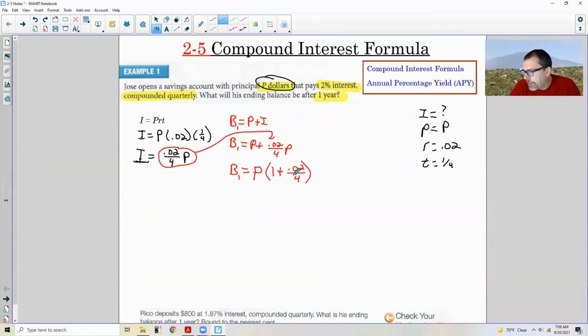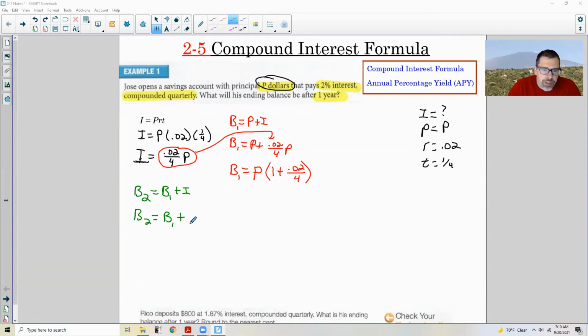Okay, so now what I want to do is find B2. I'll do this over here. So B sub 2 is going to equal B sub 1's principal plus interest. Okay, so B sub 2 is going to equal B sub 1 plus, let's see.